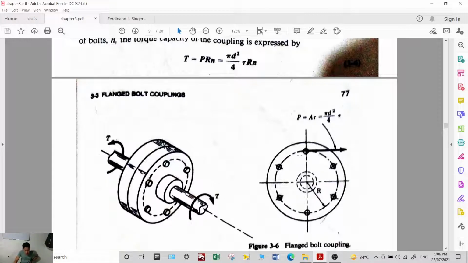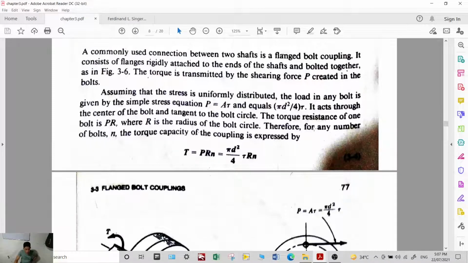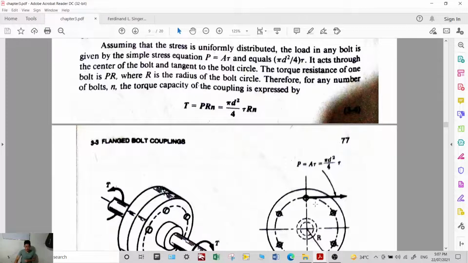Okay, so if you have 6 bolts, ang torque nga gitransfer sa imo ang drive shaft is divided into 6. Okay, so therefore the force that is experienced by the bolt is given by this equation, and you just multiply by the area times the shearing stress.